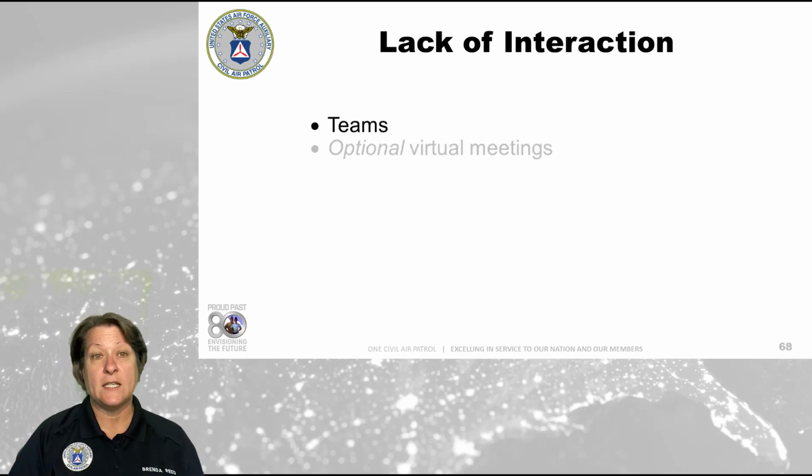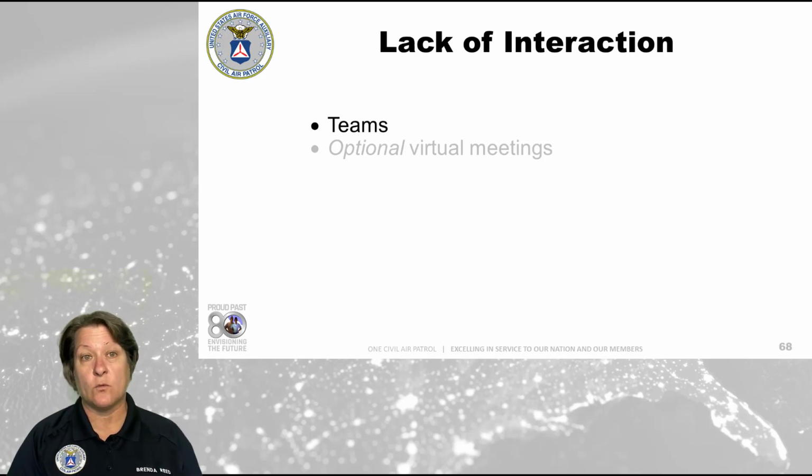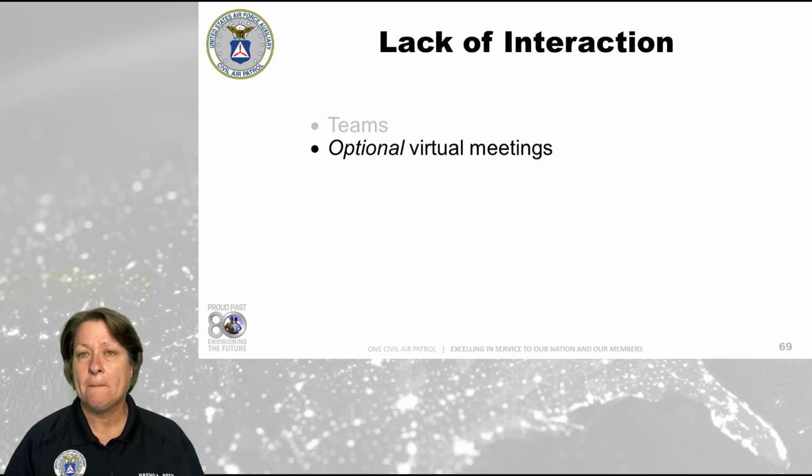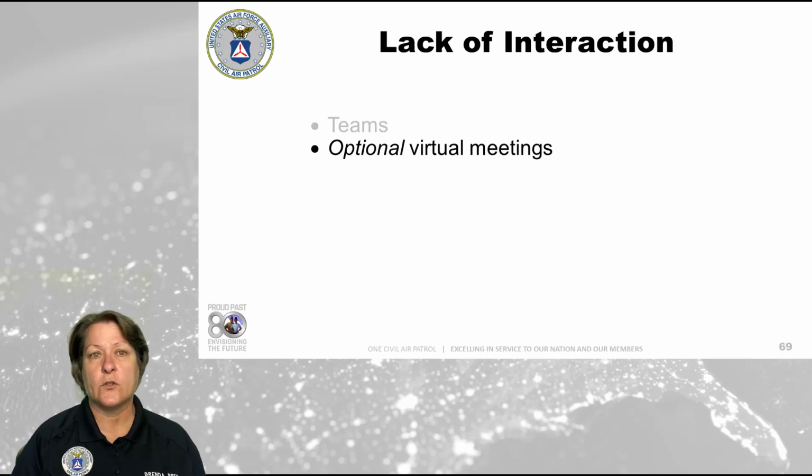But we do have Teams available, as I said. If your cohort does not have a Teams group channel set up, talk to your instructor or the chair for a level Teams, and they can set that channel up for you to begin to interact with your cohort members. You can also have optional virtual meetings. Now, I say optional because Volunteer University online modules are designed to be asynchronous.